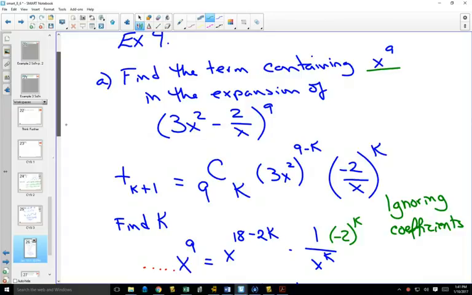Say you just picked a random number to start with, 5. How many x's would I have on the top if k was 5? Well, this would be a 4, right? X squared to the 4 would give me 8 x's on the top. And if k was 5, that would give me 5 x's on the bottom.